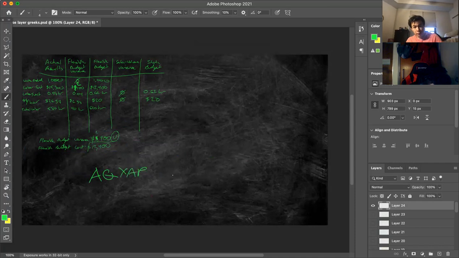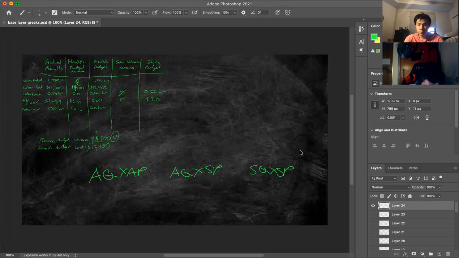AQ times AP, and then there's the AQ times SP and the SQ times SP.